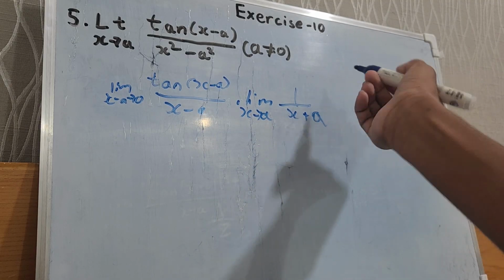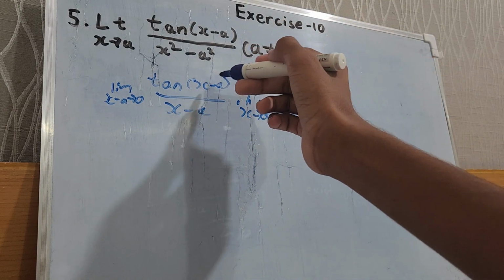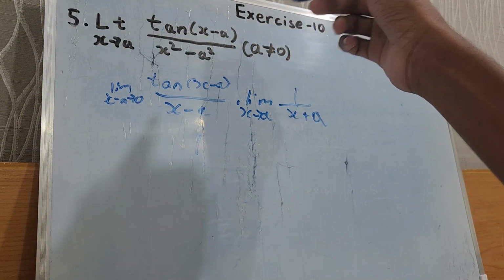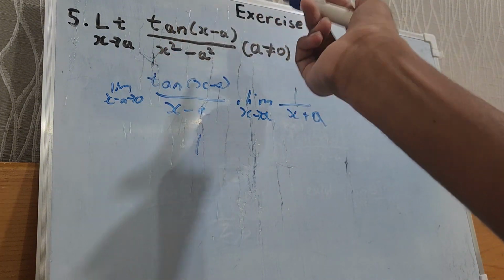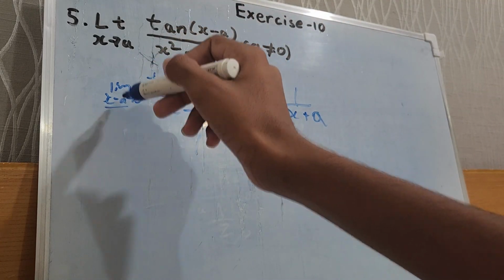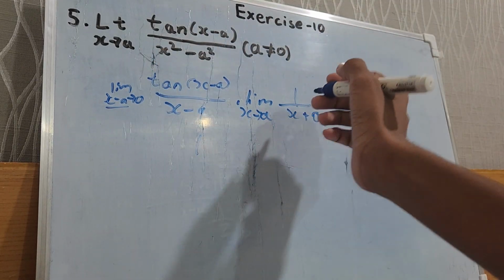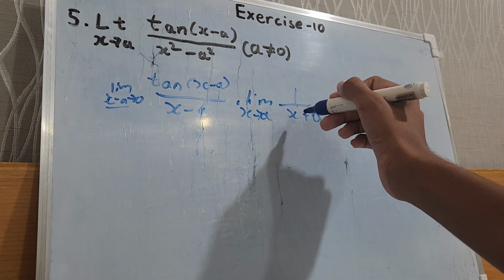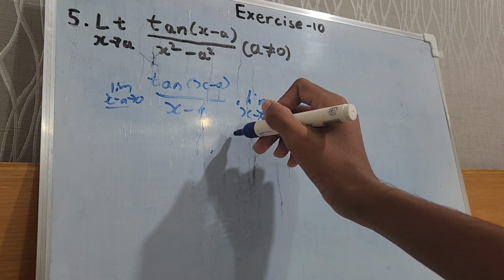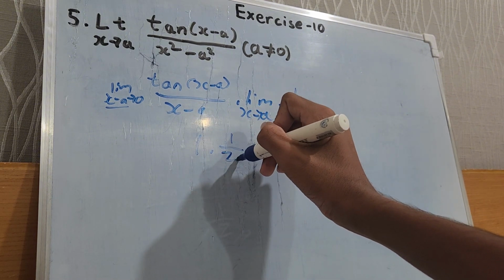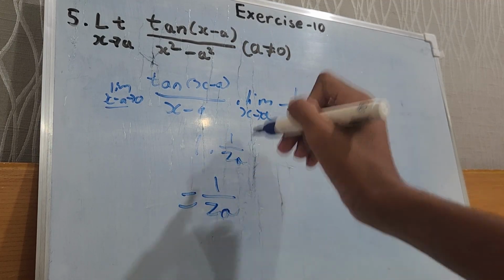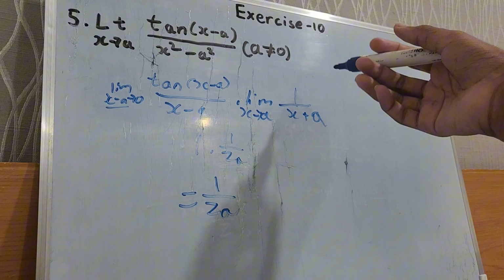This is 1 as per the formula, tan x by x is 1 when x tends to 0, where here x is x minus a. So we get 1 into 1 by 2a, which is equal to 1 by 2a. Now we'll move on to the next question.